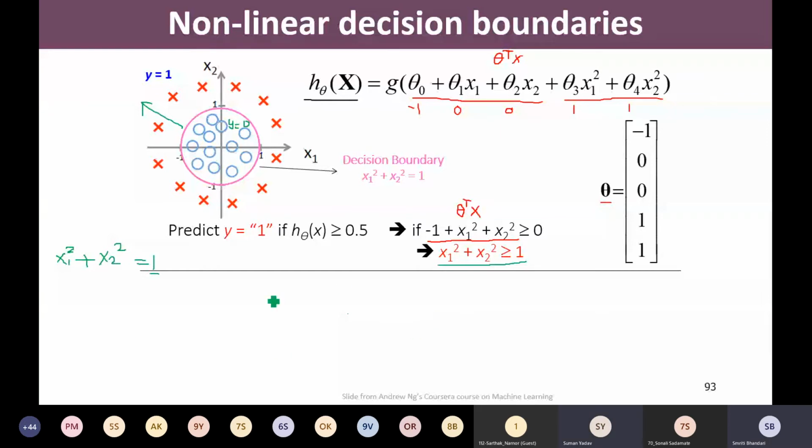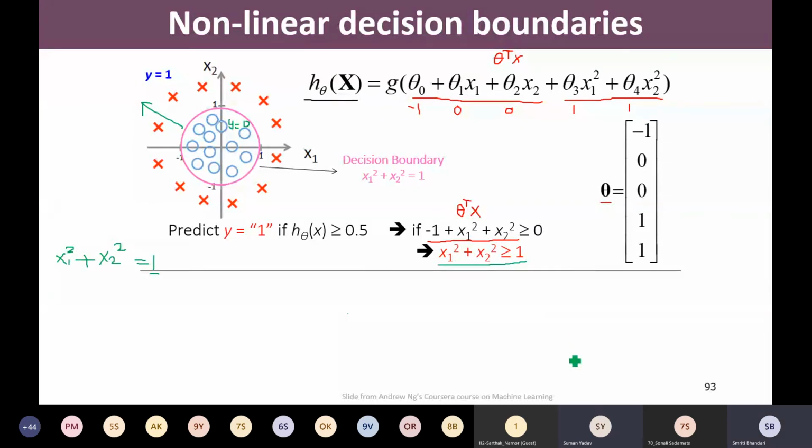You are not audible. Hello? Ma'am, if we have given higher degree polynomial equations, in that case, how will we decide decision boundaries?